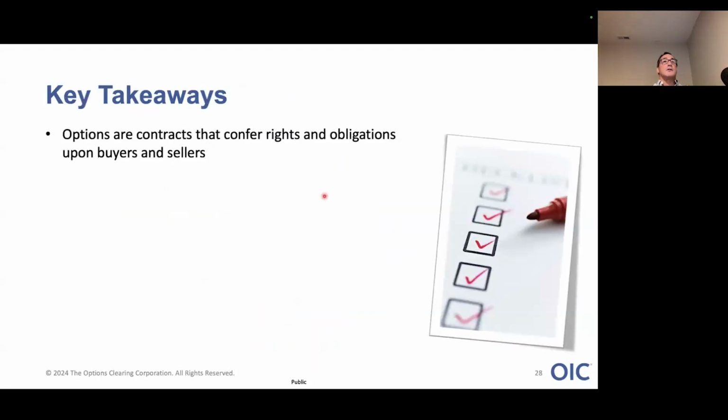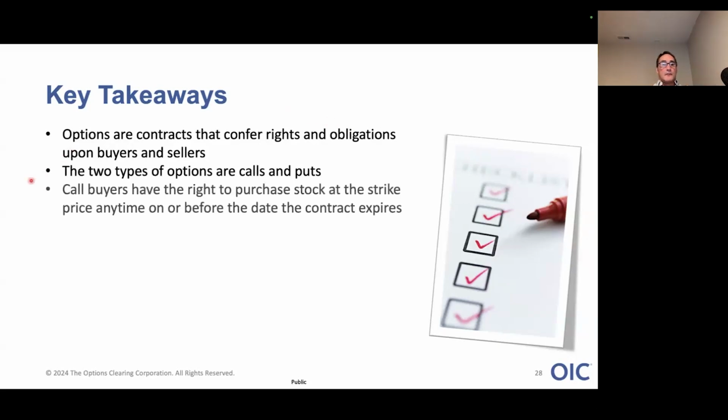All right, just in summary, I know that was a lot of information, but option contracts convey rights to buyers and obligations to sellers. There are two types of options, calls and puts. Call buyers have the right to purchase stock on or before expiration at their strike price at any time they so choose.